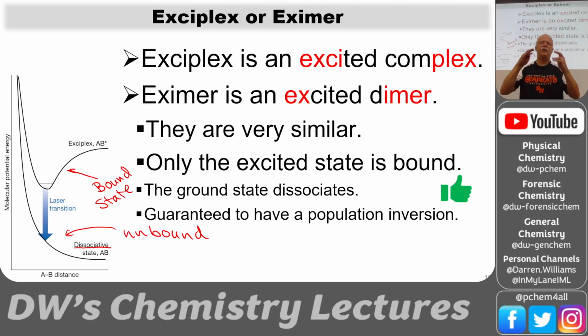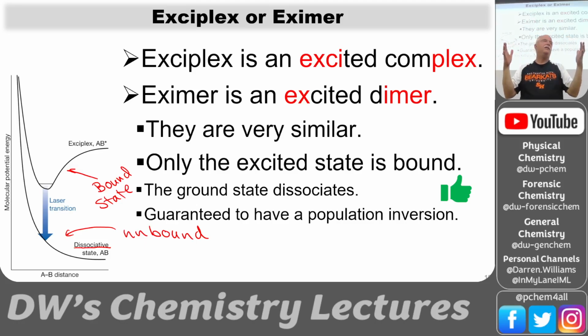So this is really interesting. If we have argon in a glass tube and we run electricity through it, we get excited argon atoms. The excited argon atom can get next to a ground state argon atom and form a dimer. Okay, so this is an excited dimer. They can form like a diatomic molecule with like a bond order of a half. So it's a really weakly bound diatomic.